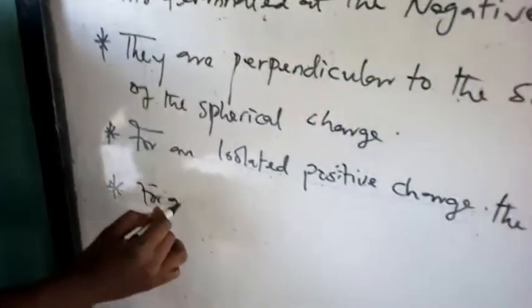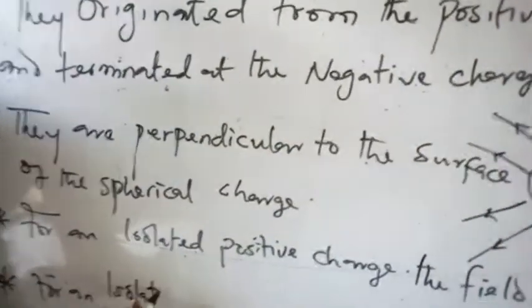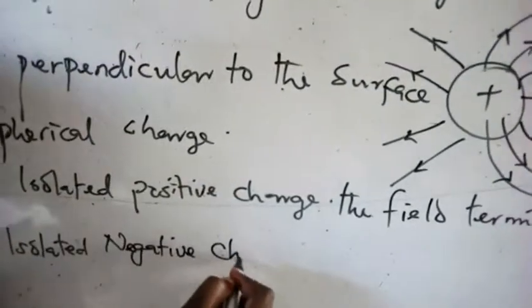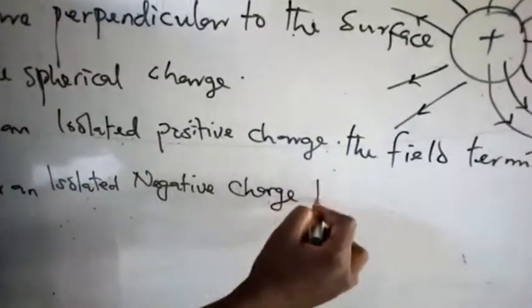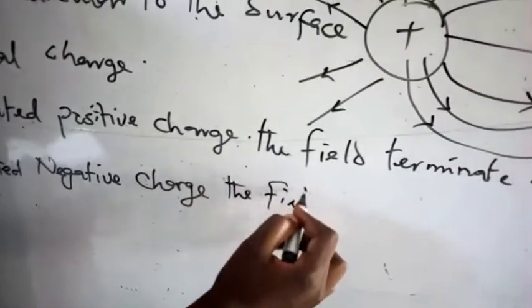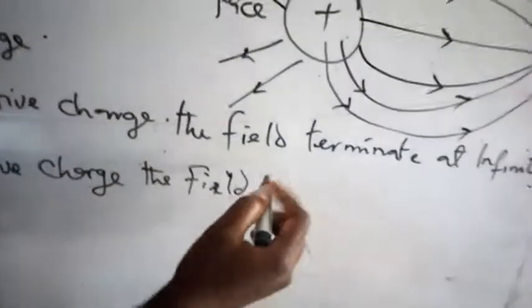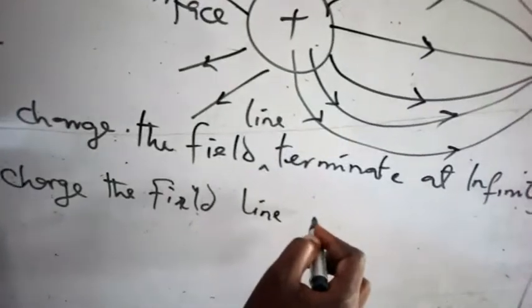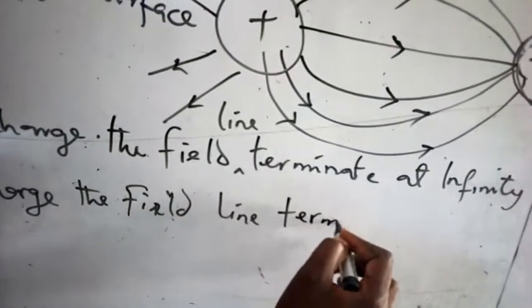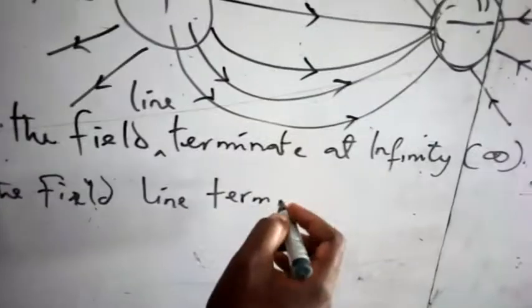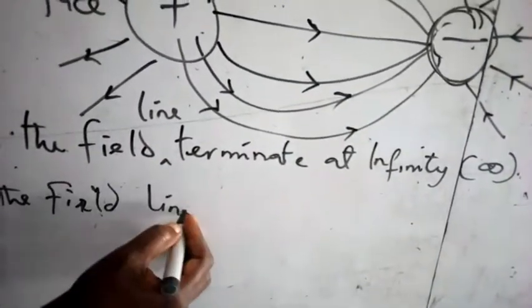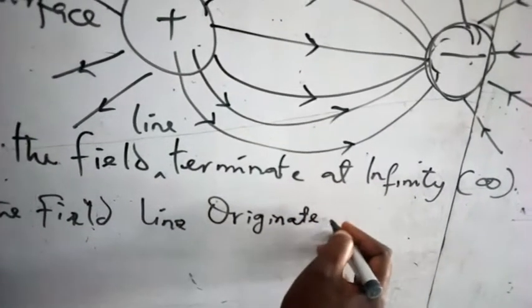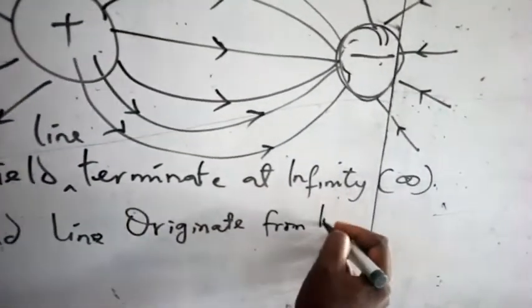Now for an isolated negative charge, the field line originates from infinity.